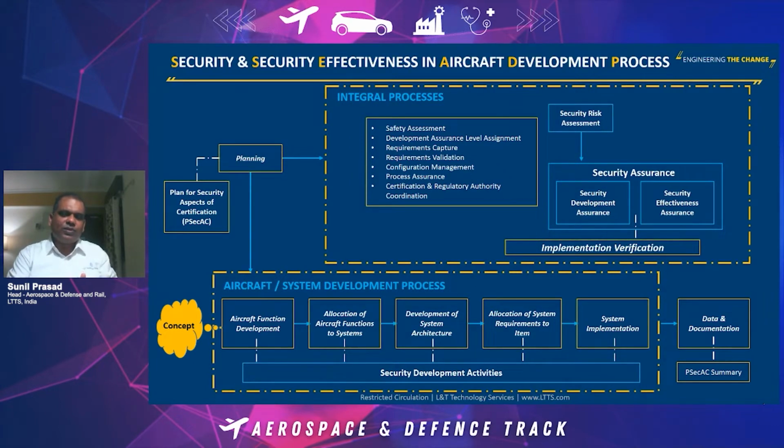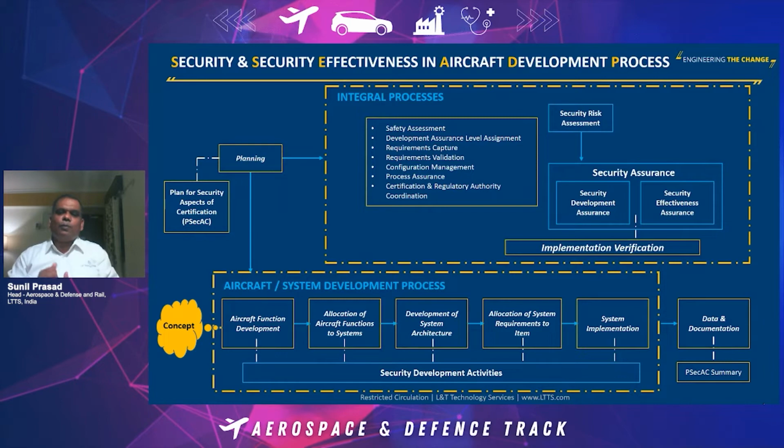It gets into the system requirements. It gets allocated to hardware and software, and then as part of that, the architecture gets validated, and the requirements are updated, and it goes into implementation. Right. So these are all the development activities.